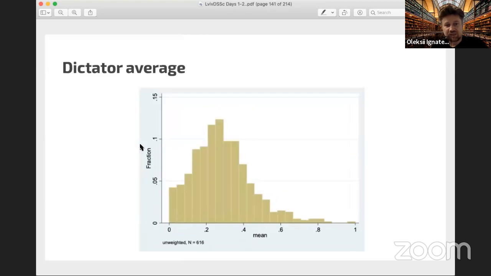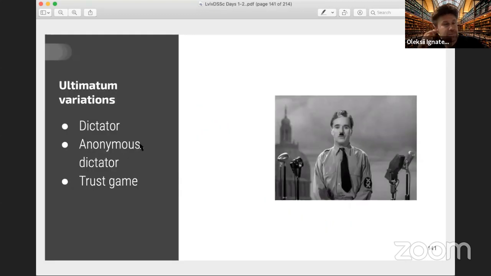Yeah, and interesting, there is a modification of the Dictator game called Anonymous Dictator, where you cannot see the person who makes the split. So they try to reduce the incentive.